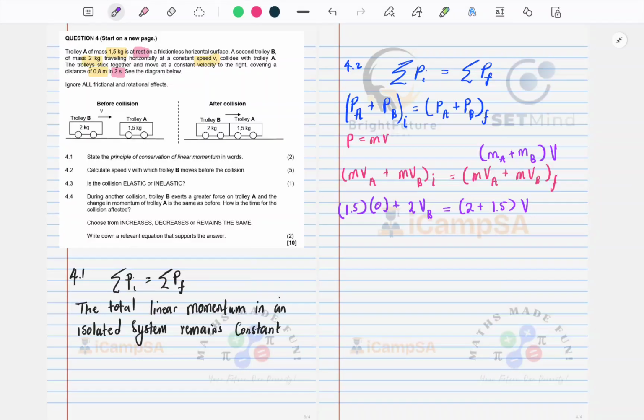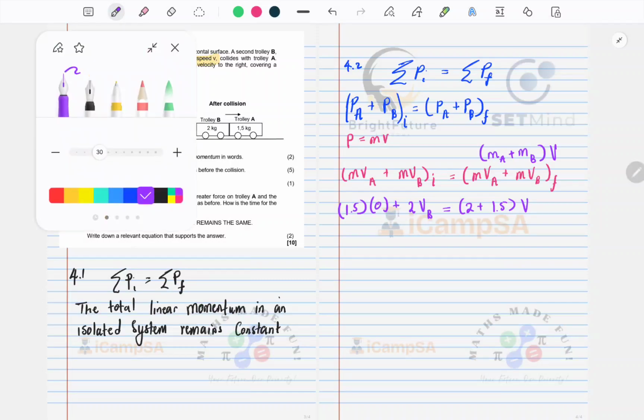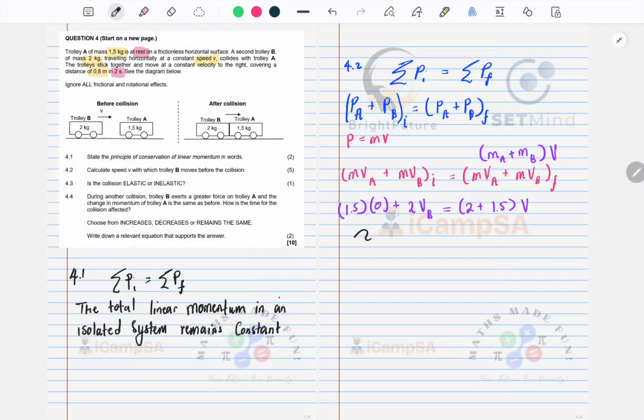What have these people told us? They've told us that this system has moved 0.8 meters in what? In 2 seconds. Okay, 0.8 meters in 2 seconds. So now let's find out what is our velocity. What you must remember here is that velocity is equal to the change in displacement over change in time.